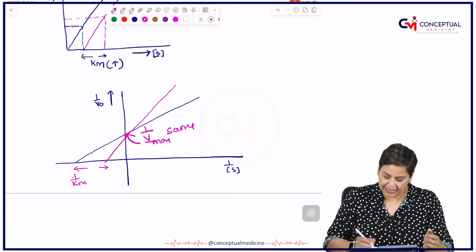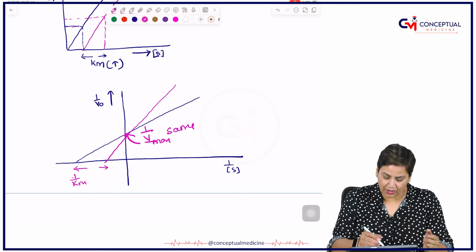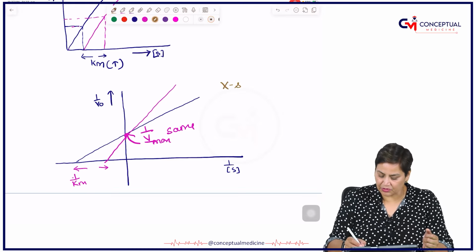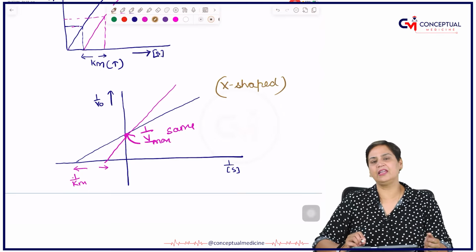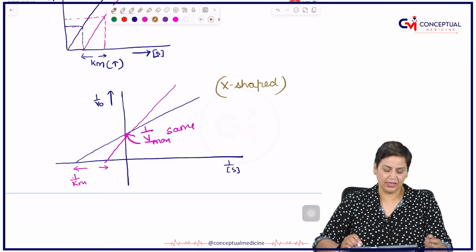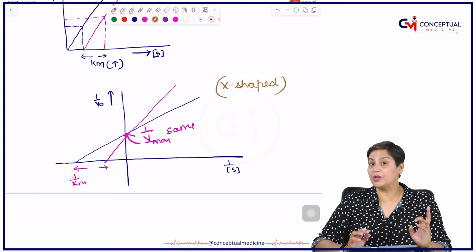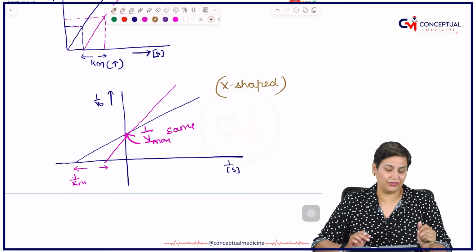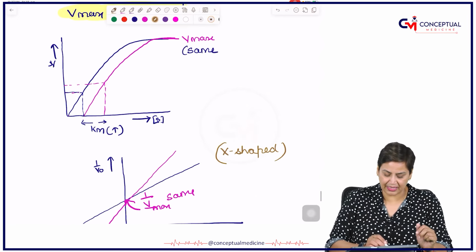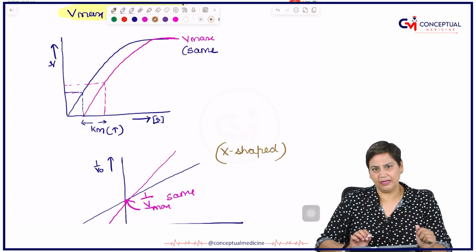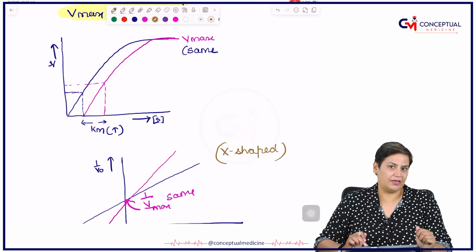So if we talk about the Lineweaver-Burk plot, it becomes X-shaped. Suppose it is asked in the exam, because this is generally asked as an IBQ, image-based question. If this image is asked, simply by seeing X-shaped, it has to be competitive inhibition on the Lineweaver-Burk plot. And here you can simply say that this is Michaelis-Menten, right? So this is competitive inhibition.